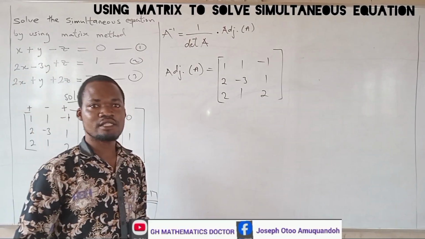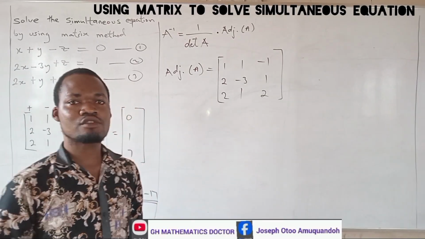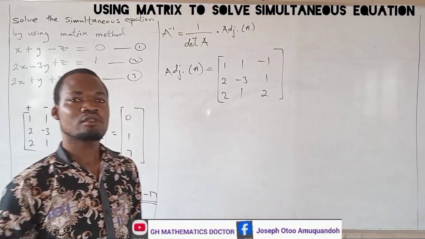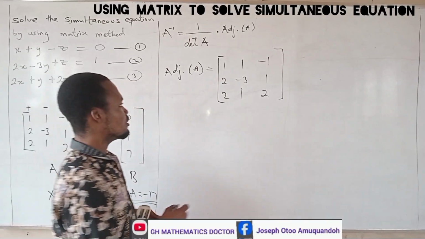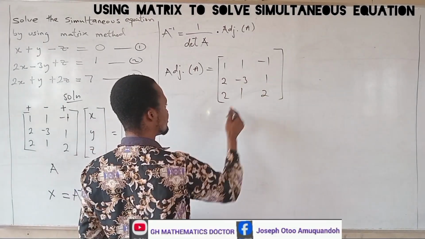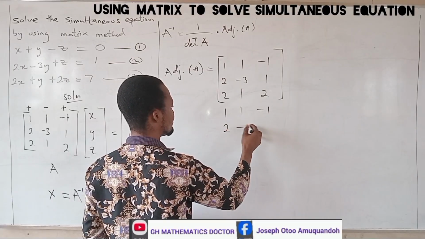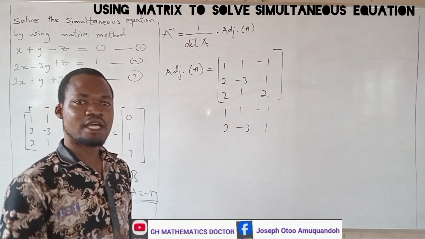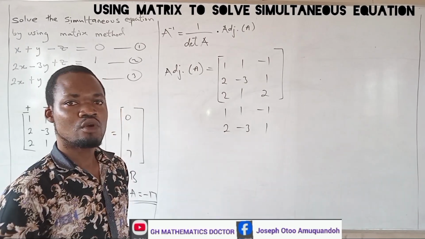So the strategy says that we should repeat the first two rows and also repeat the first two columns. Then we delete the first row and the first column. So let's go. We have the first two rows is the one we have to do first. So first two rows is 1, 1, negative 1, and 2, negative 3, 1. So after writing the first two rows, then we write the first two columns.